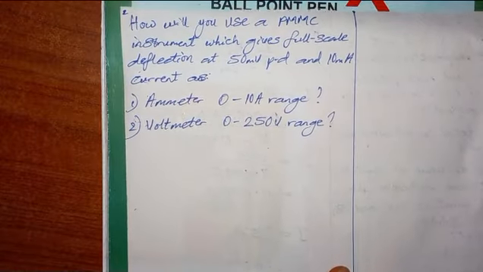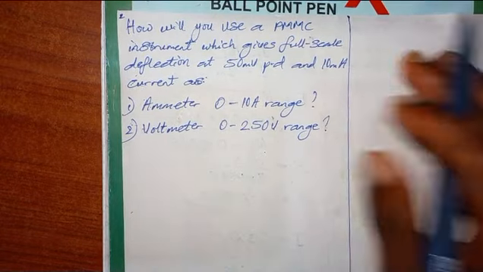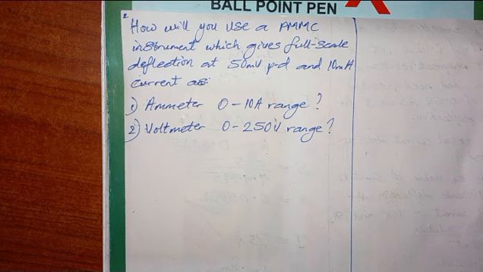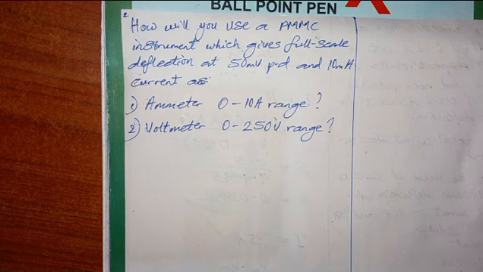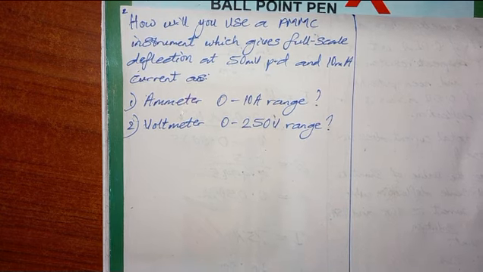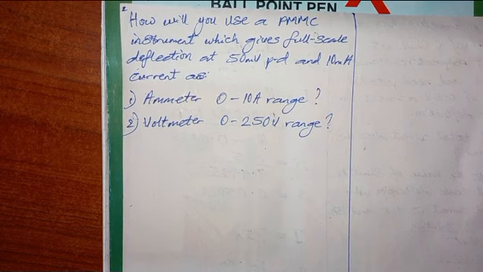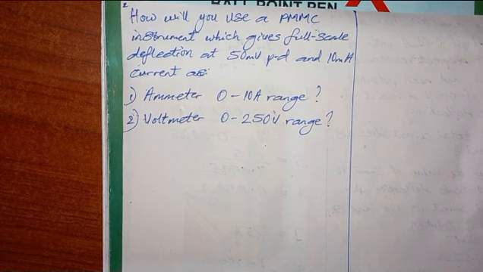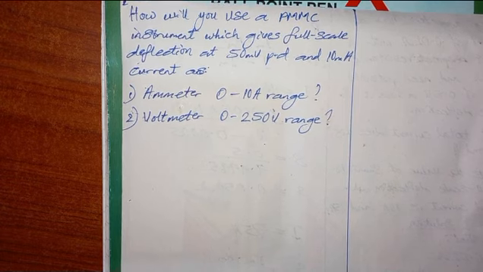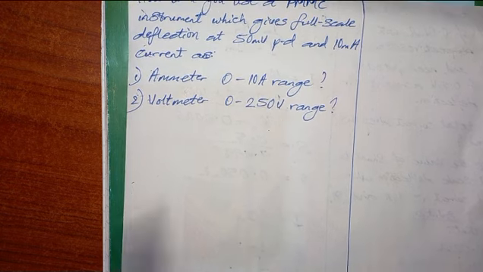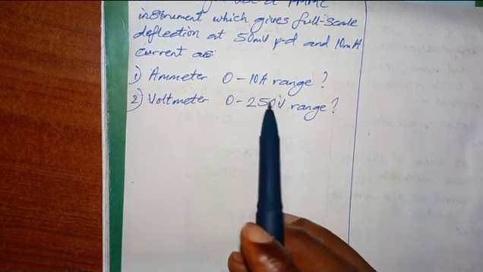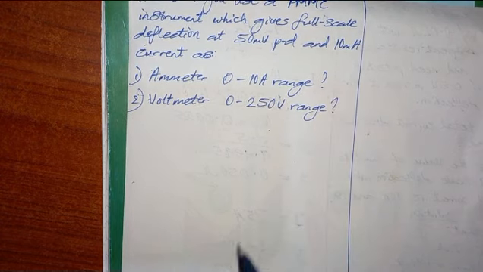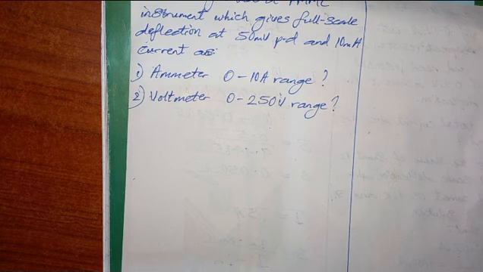Let's do this one also. How will you use a PMMC instrument which gives full scale deflection at 50 millivolts voltage and 10 milliamp current as an ammeter of 0 to 10 amp range, and a voltmeter of 0 to 250 volts range?